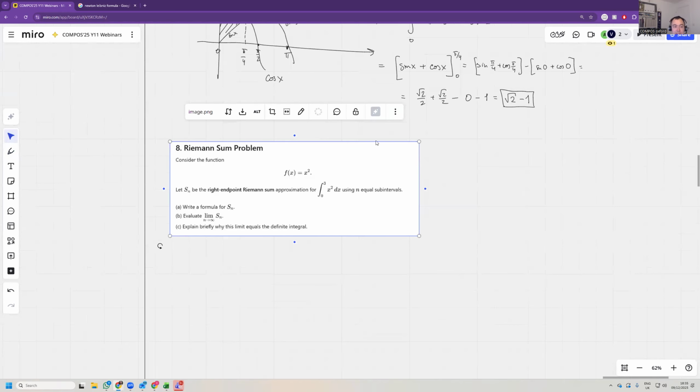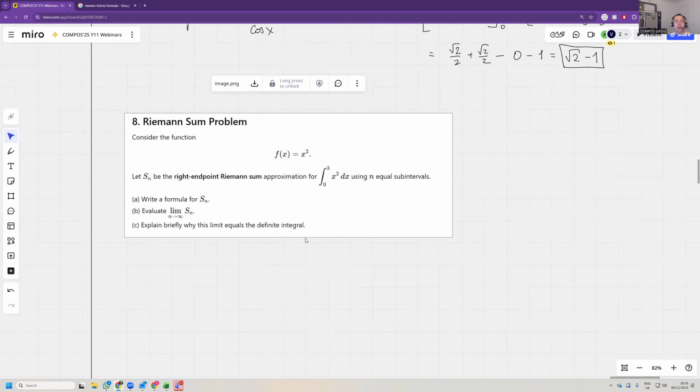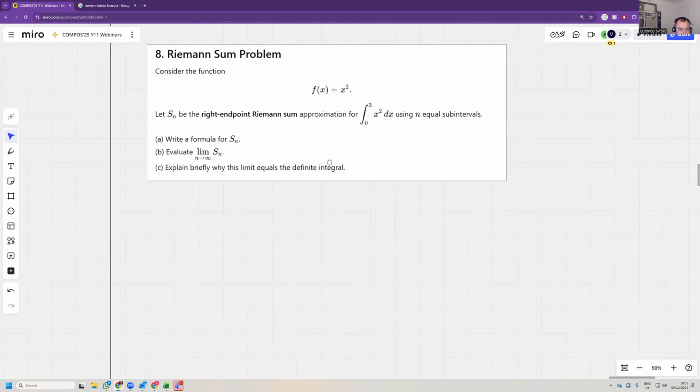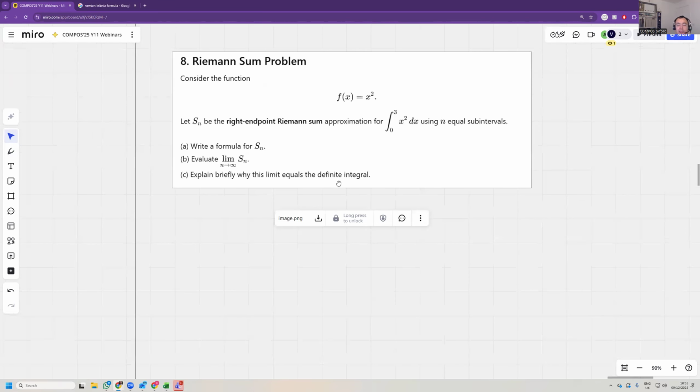It is called the Riemann sum. So this looks like this. Imagine we have a curve. In this case, it is x squared.